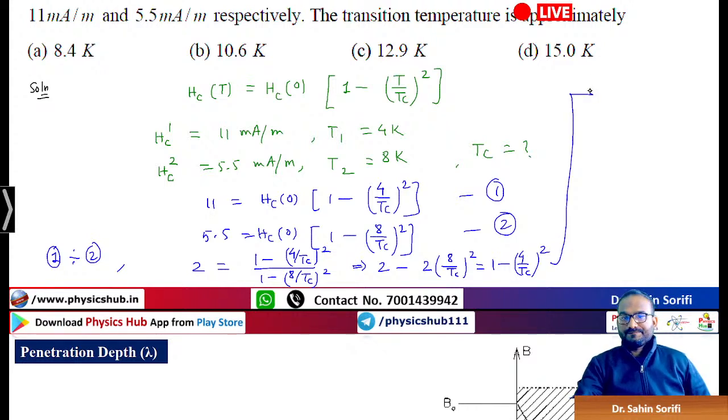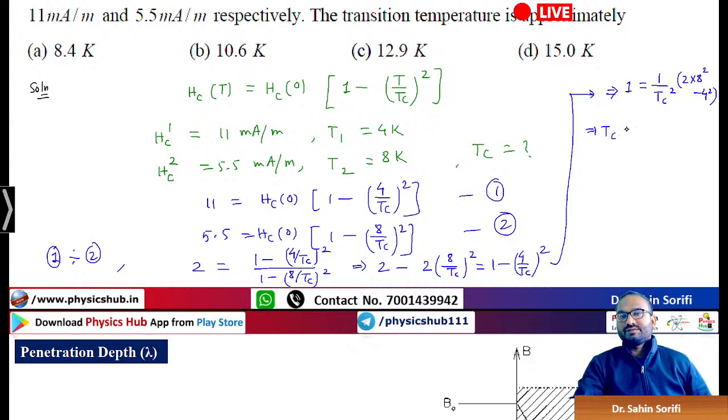Let's do it here. 2 minus 1 is 1, equal to 1 by Tc square into 2 into 8 square minus 4 square. Can you write it?